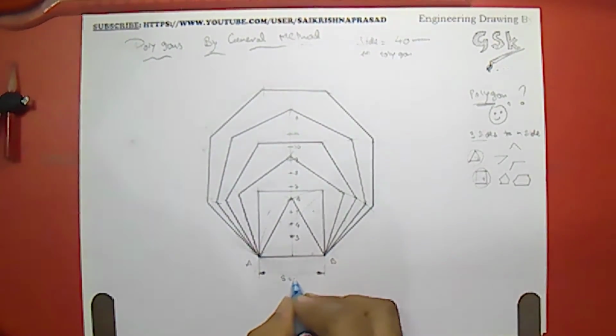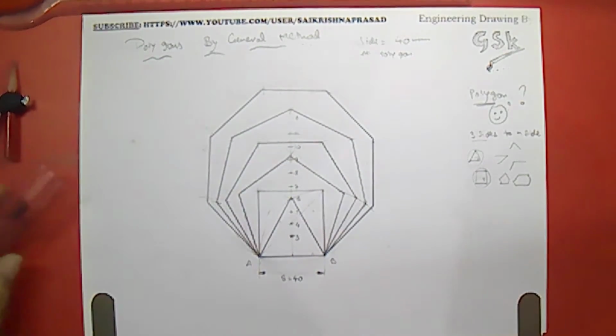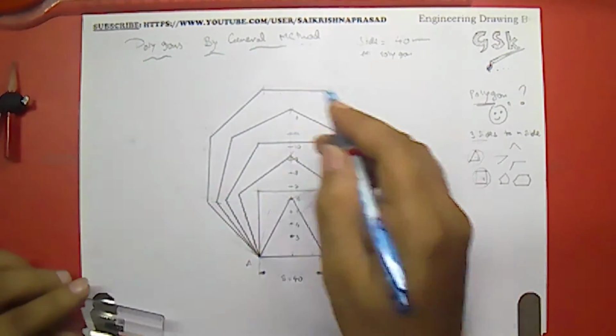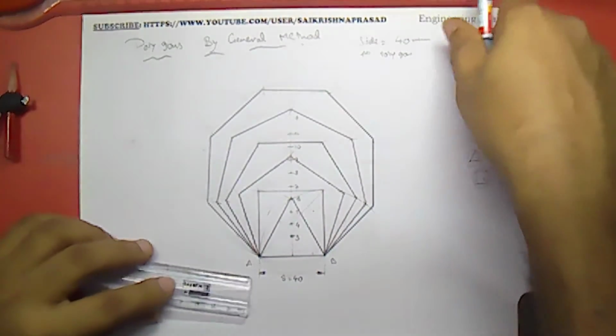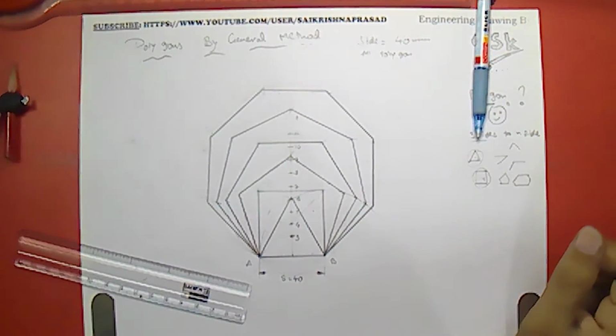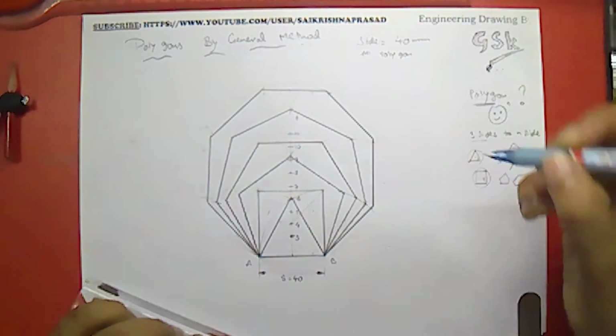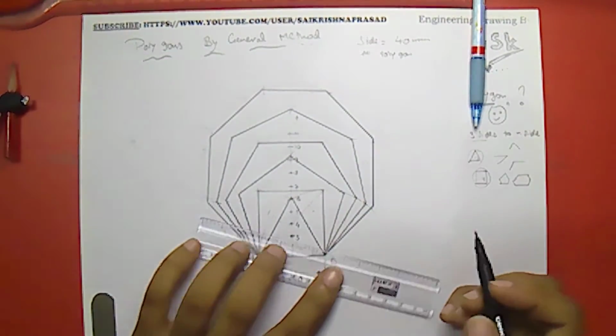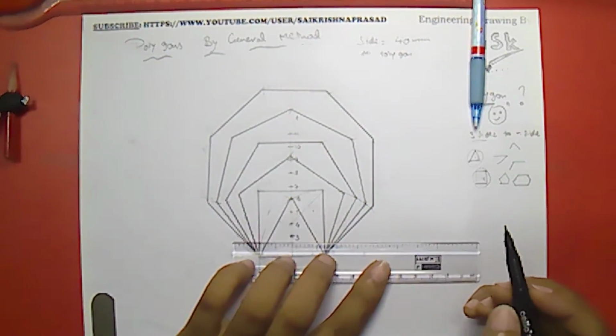Side 40 mm. So I'll be naming these here. The first one over here is a triangle.